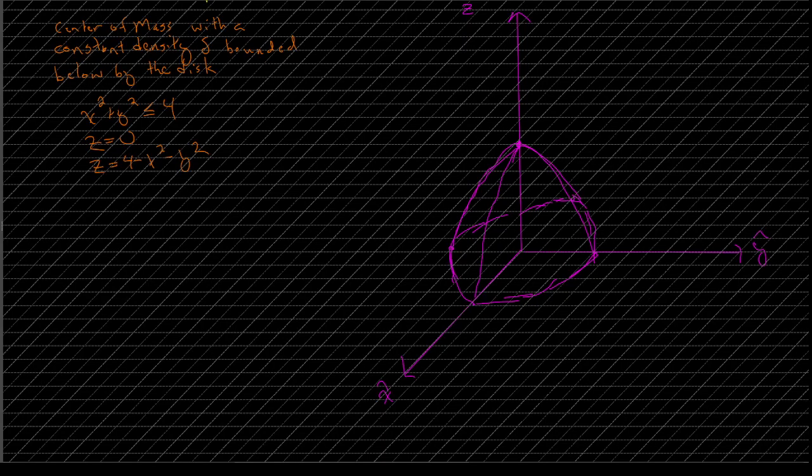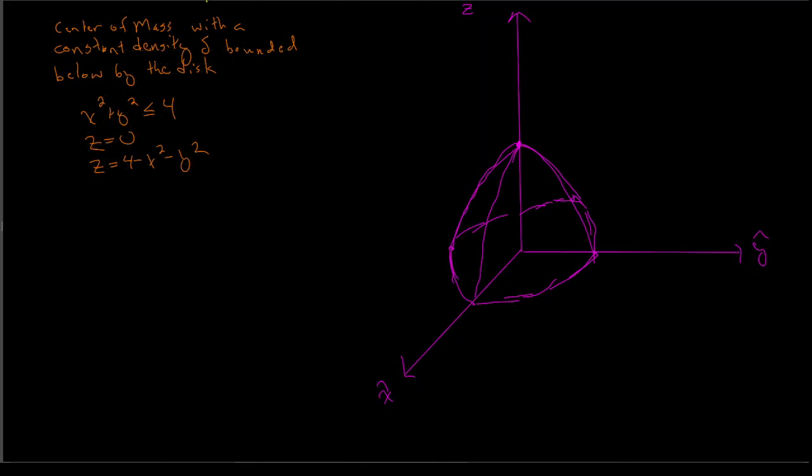And we want to find its center of mass. So we're going to be integrating across this volume. Let me turn off my grids now. And so we need to see what we can about the balancing points.